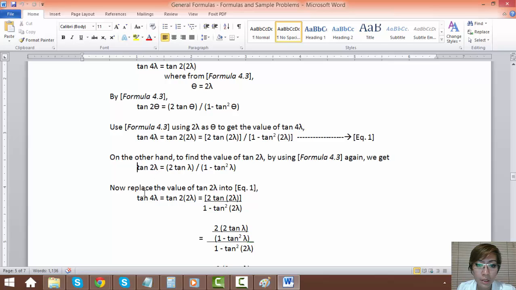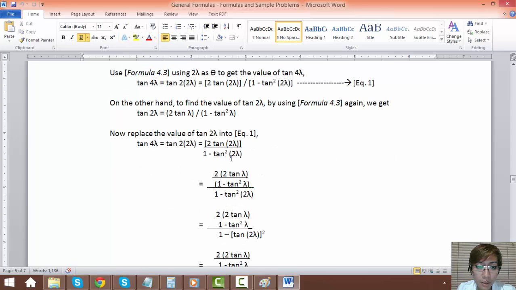So now we get tangent 4 lambda, or tangent 2 times 2 lambda, is equal to 2 tangent 2 lambda over 1 minus tangent squared 2 lambda. I am writing this into 2 lines, different from here but the same formula.